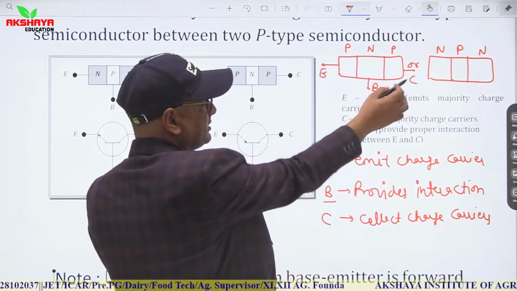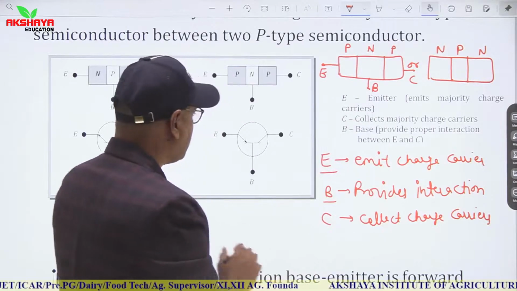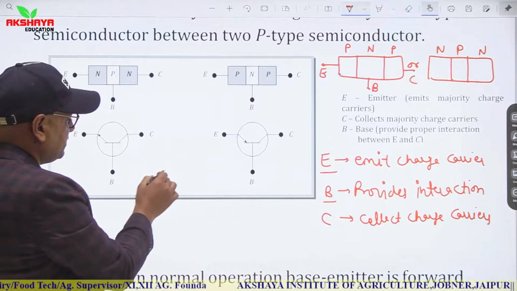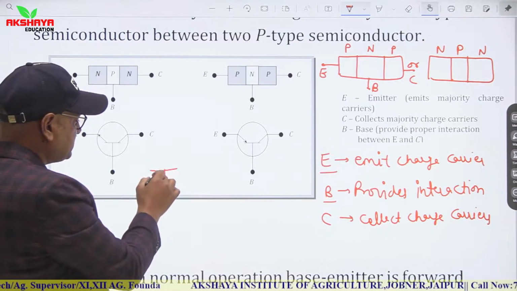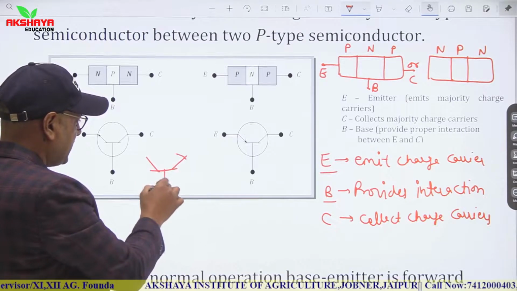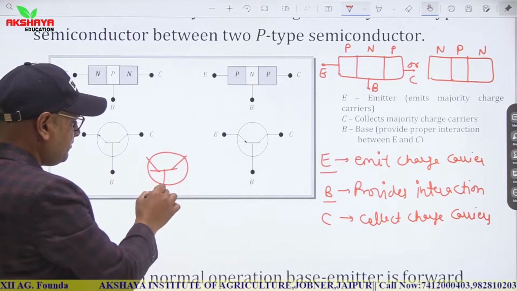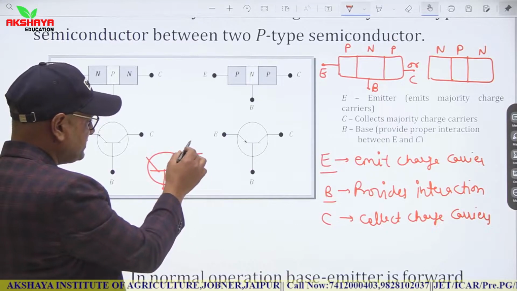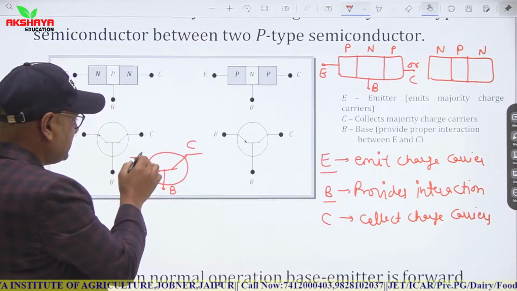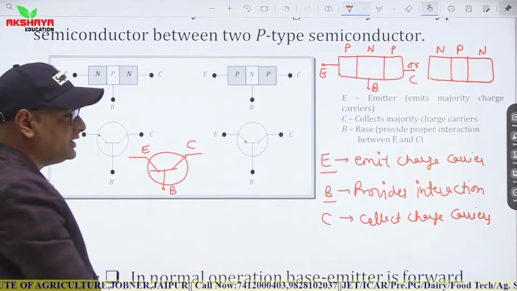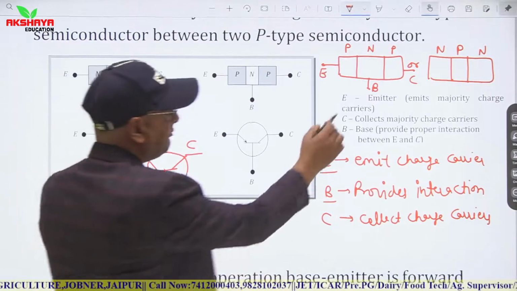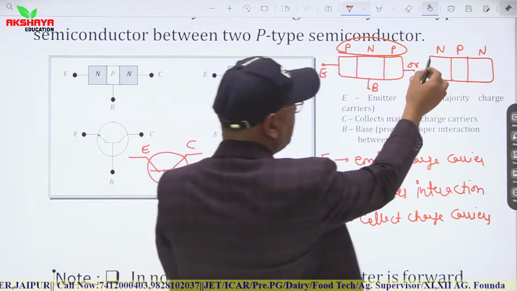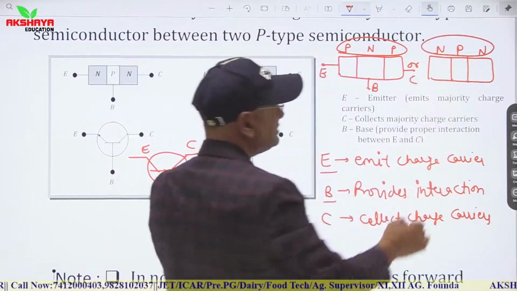Now their symbols are like this. Let us draw three parts and enclose them. If we mark one part as base, one as collector, and one as emitter, then this type of transistor is known as PNP and this type is known as NPN.